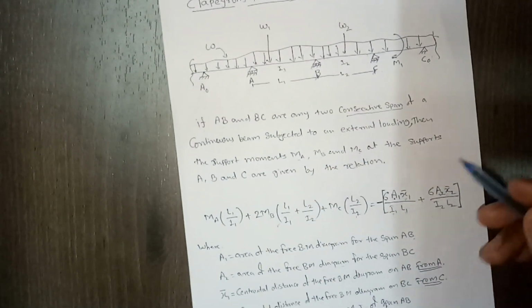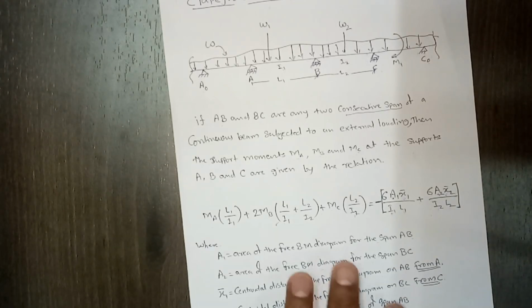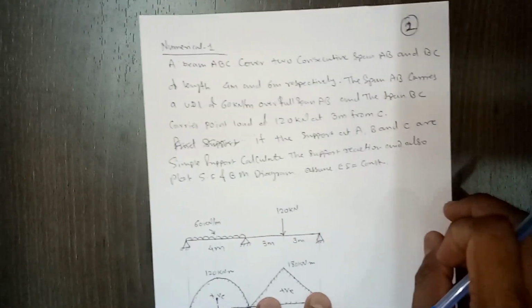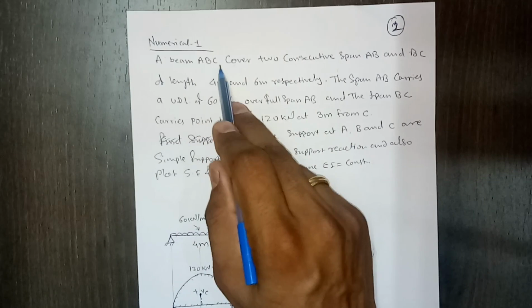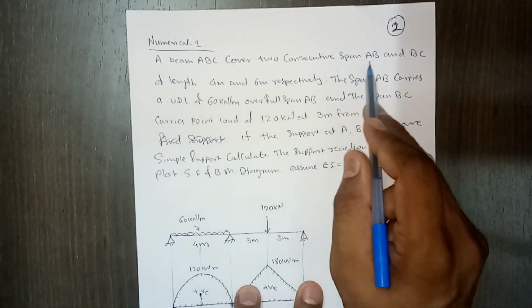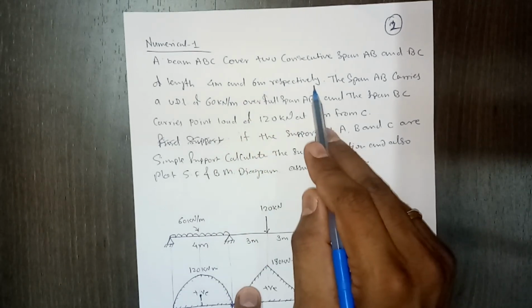Anyway, we'll see this kind of numerical a little later. Today we'll discuss one simple numerical, and maybe some more complex problems in coming lectures. A beam ABC covers two consecutive spans AB and BC of length 4 meters and 6 meters respectively.